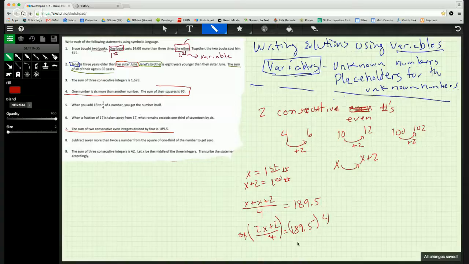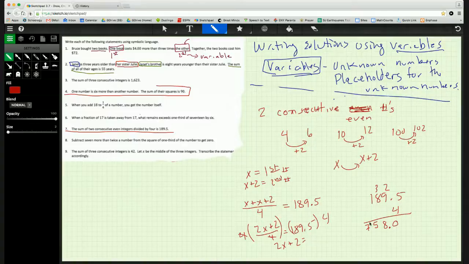And then we get 2x plus 2 equals, well, 189.5 times 4, I hope I do this right. Well, let's see. 4 times 190 would be 760.